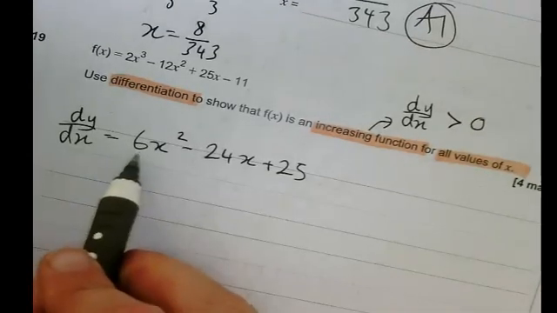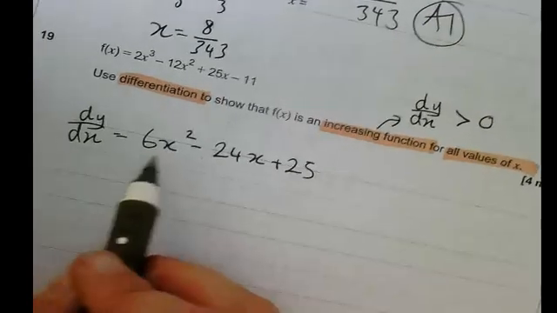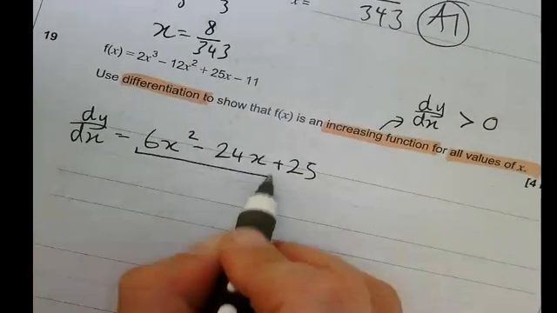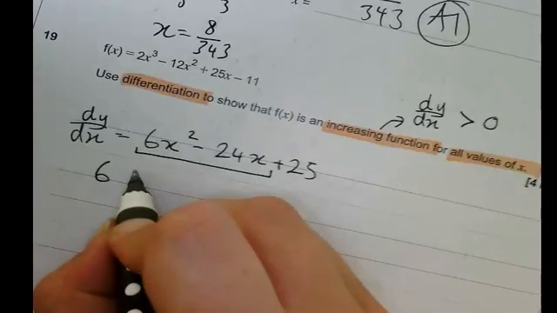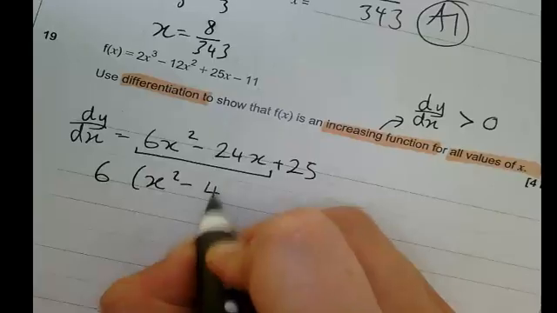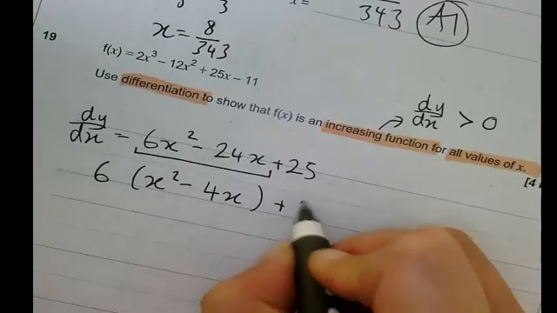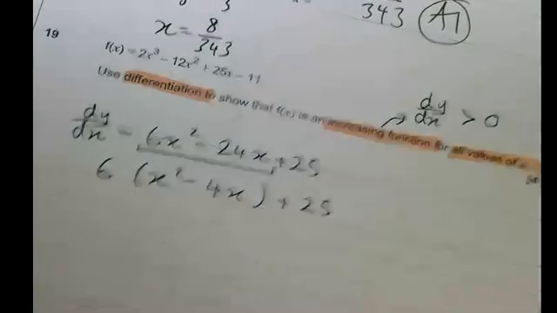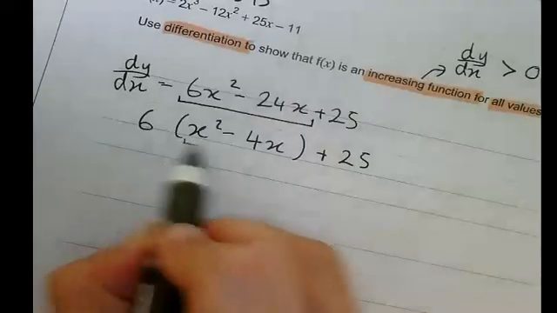I've got a coefficient of x squared, so the first thing I'm going to do is factorise it out of the first two terms. So I've got 6 lots of x squared minus 4x. I'll leave the plus 25 on the outside. I'm now going to complete the square with these two terms.